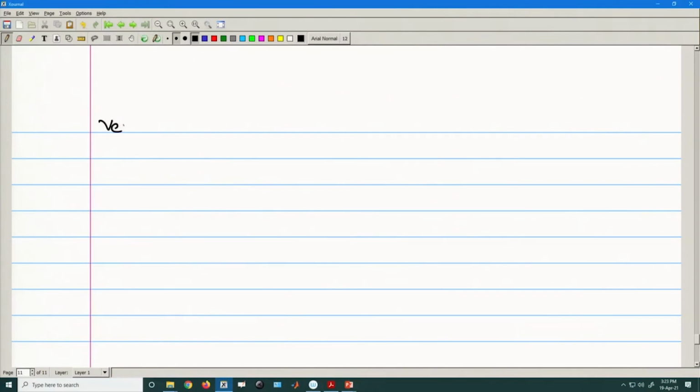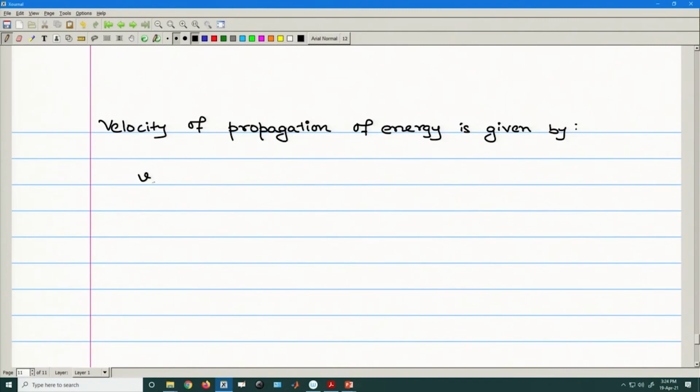So we can write like this: velocity of propagation of energy, we know it is given as VE equals power flow density divided by energy density.